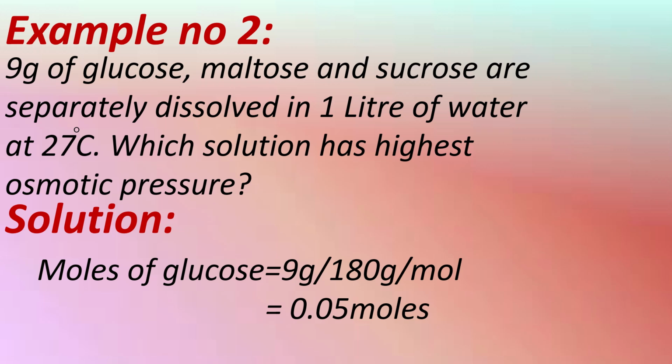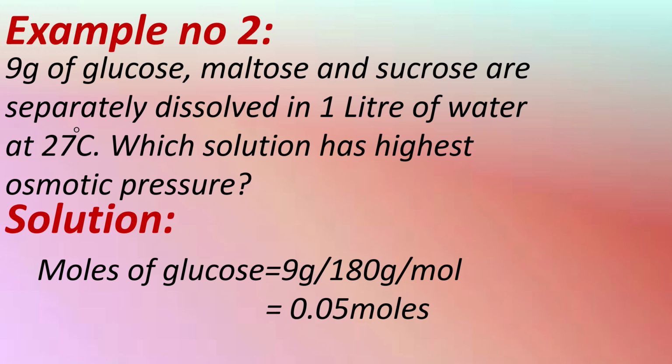One solution contains 9 gram glucose per liter of water. Second solution contains 9 gram maltose per liter water. Third solution contains 9 gram sucrose per liter water. Temperature is same in three of these solutions, 27 degrees centigrade. We have to find which solution has highest osmotic pressure.